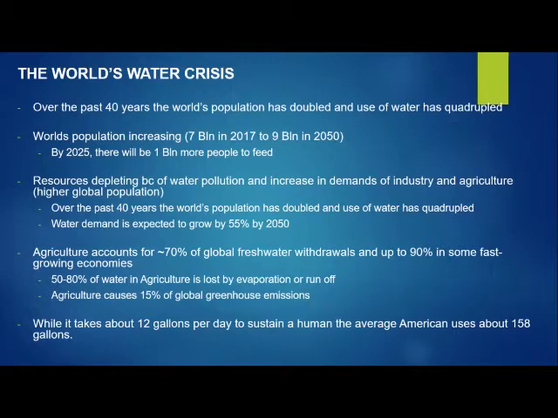What's very interesting is that one of the reasons there is a lot of water scarcity is actually because of the amount of water that is used in agriculture and also the amount of wastage that is happening in agriculture across the world.